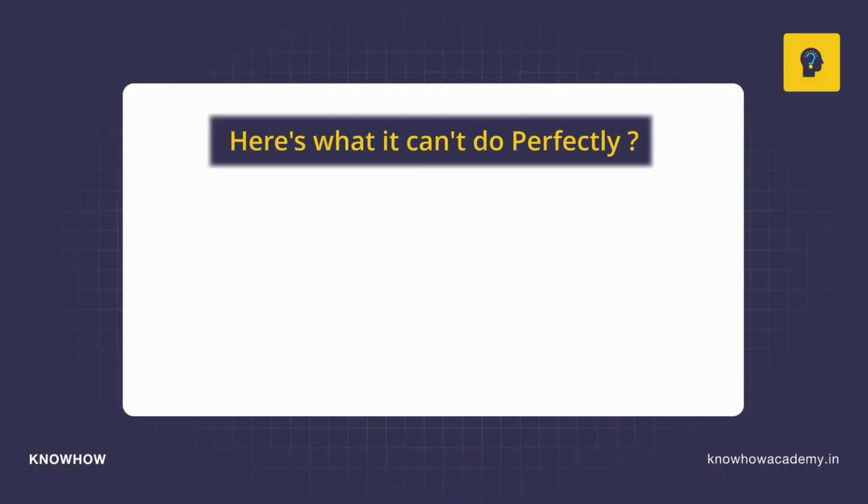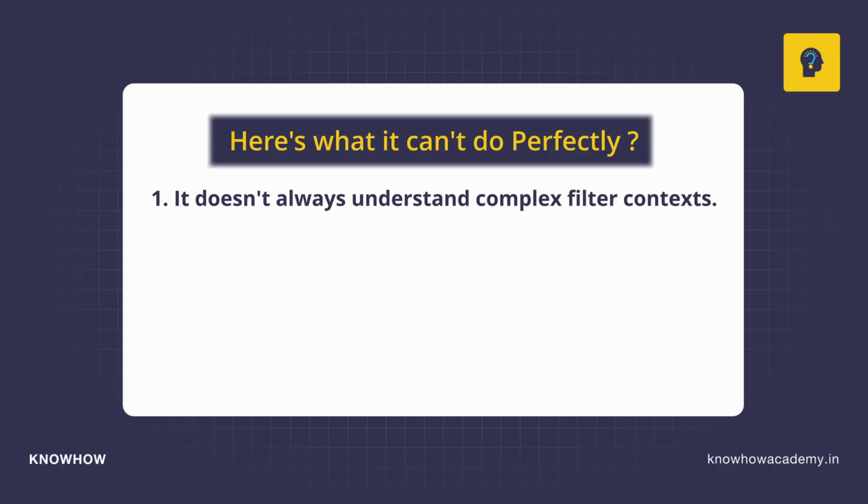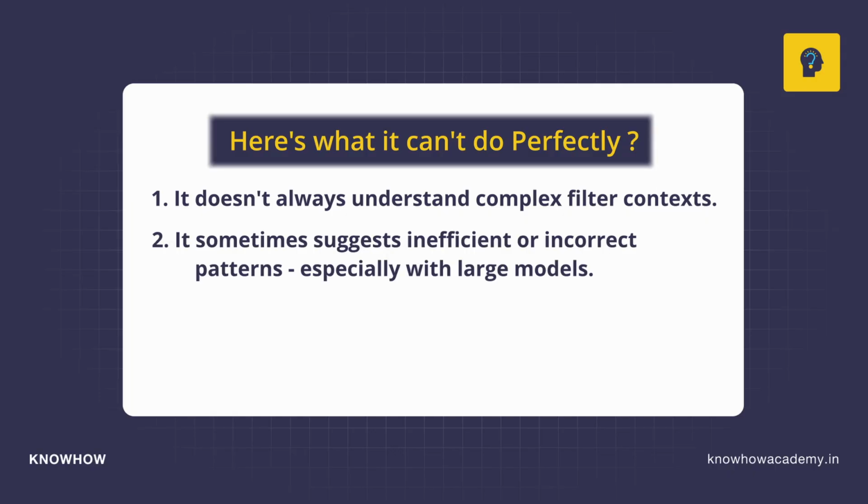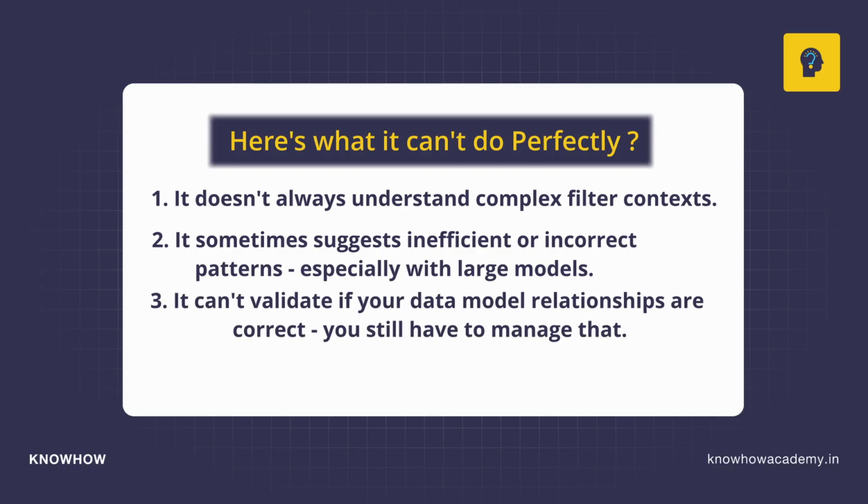First, it does not understand complex filter context. Second, it sometimes suggests insufficient or incorrect patterns, especially with large models. Third, it cannot validate whether your data model relationships are correct or incorrect. You still have to manage that.